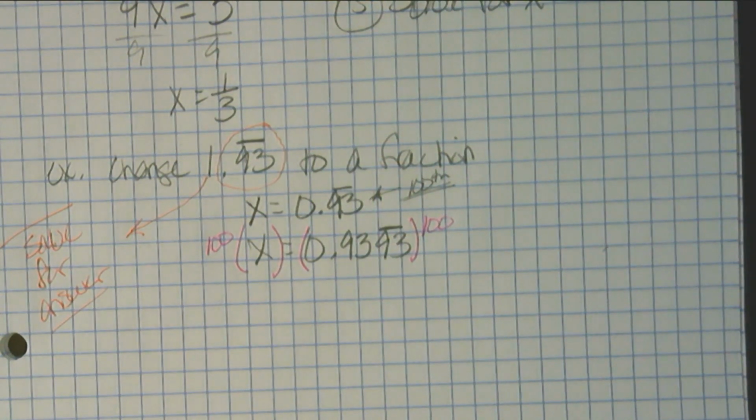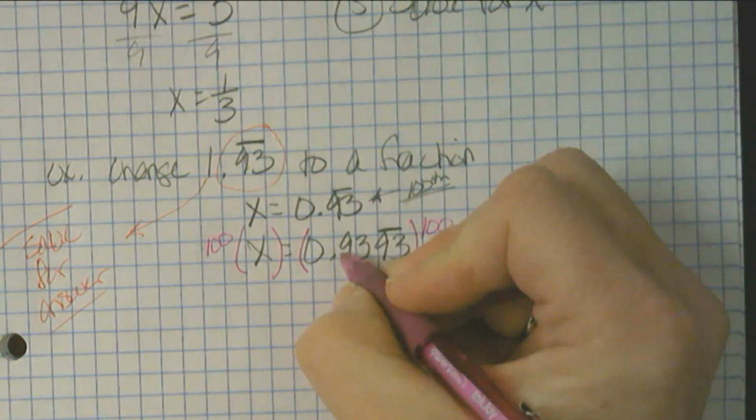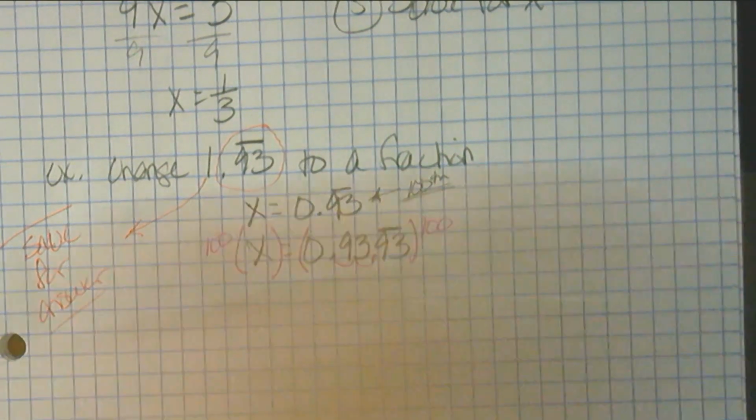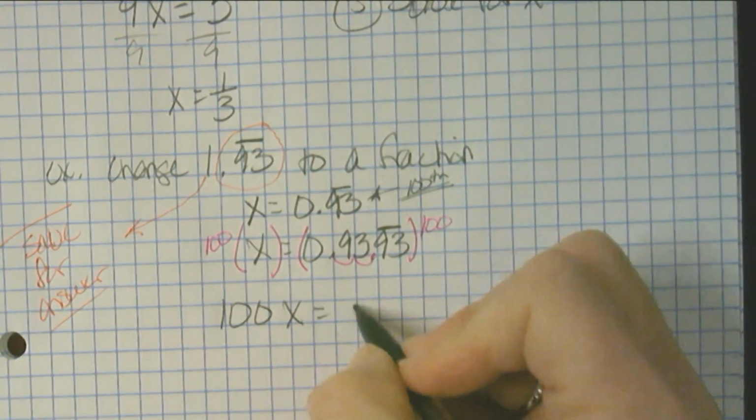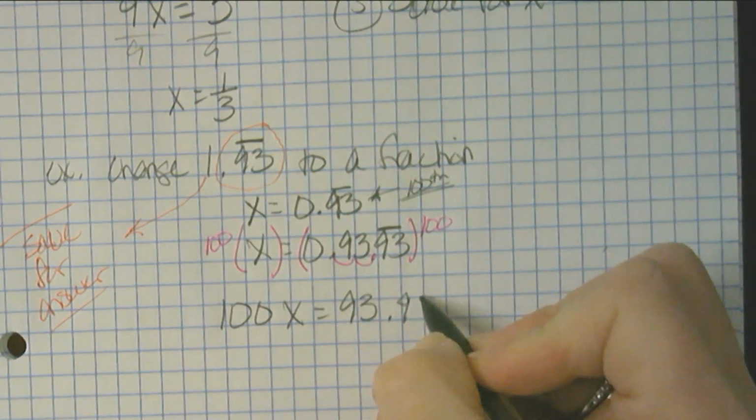When I multiply by 100, what happens to my decimal point? Valentina? Excellent. I move my decimal 2 places to the right, which gives us a repeating part in front of the decimal, which is what I wanted.